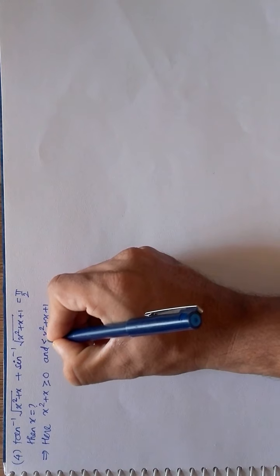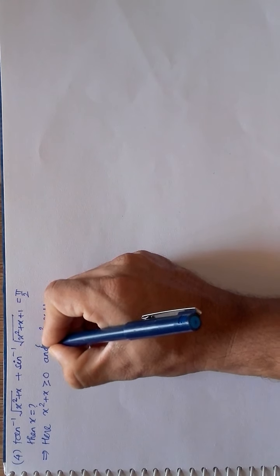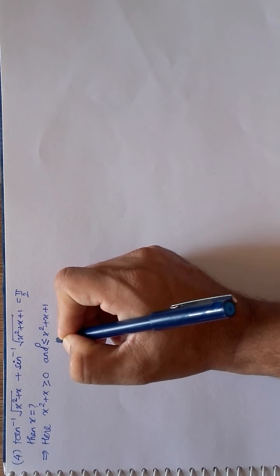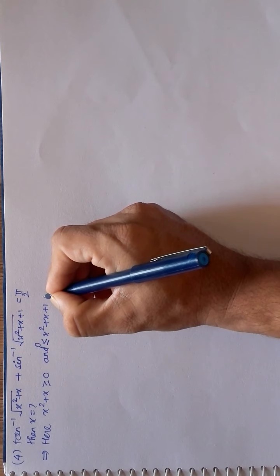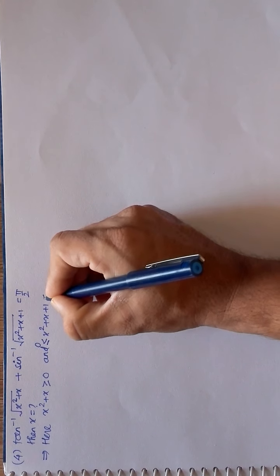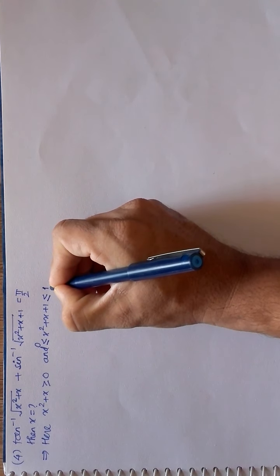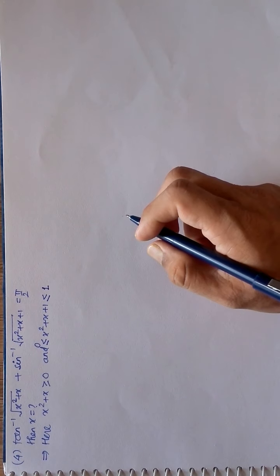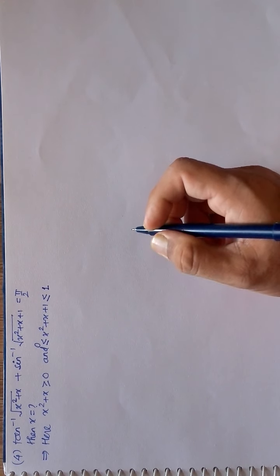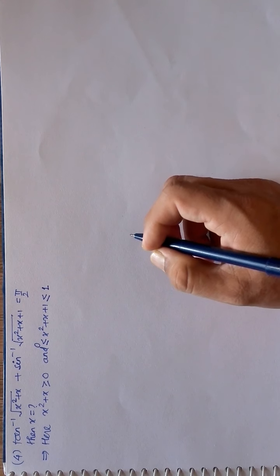But it is a sine ratio, so it cannot cross 1 also, because the maximum value is 1. Means I am getting two conditions over here: that x square plus x is greater than or equal to 0, and x square plus x plus 1 is greater than 0, but less than or equal to 1.